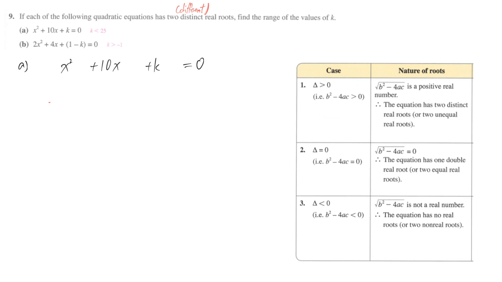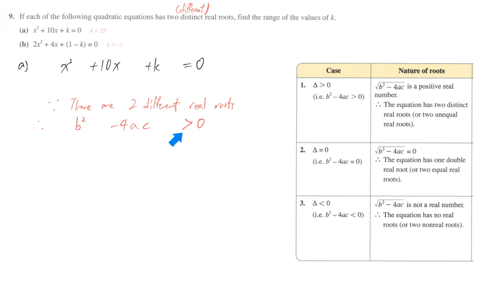So we are going to write down the logic. Since we find that there are two different real roots, or two distinct real roots, therefore we can draw the conclusion. We know that b squared minus 4ac should be positive, larger than 0.